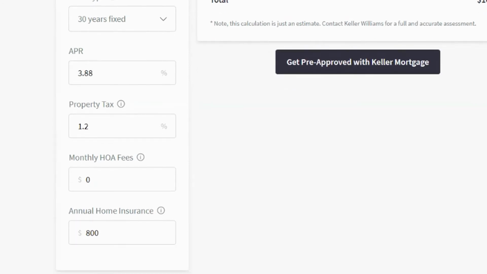And lastly, here, annual home insurance. So each year, what will the insurance be on the home that you plan to purchase? And so you can get estimates and quotes for your area and approximate value of the home.